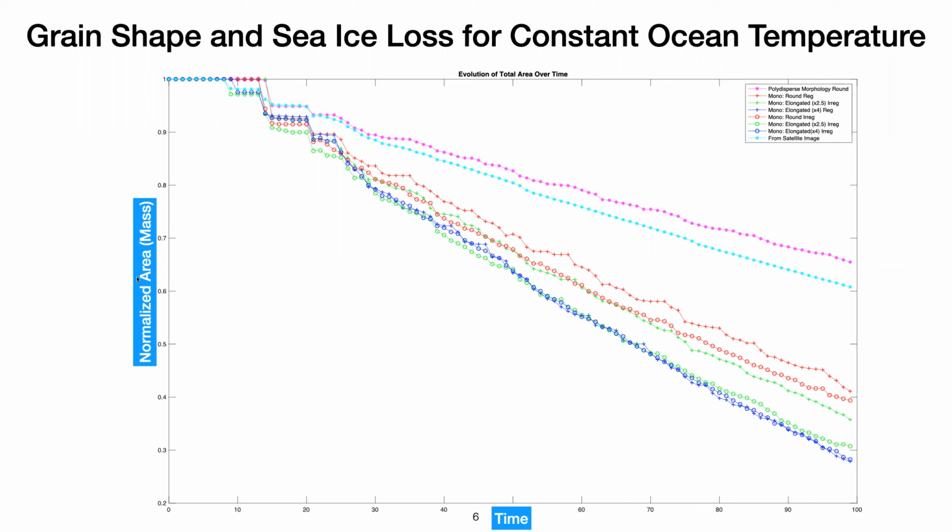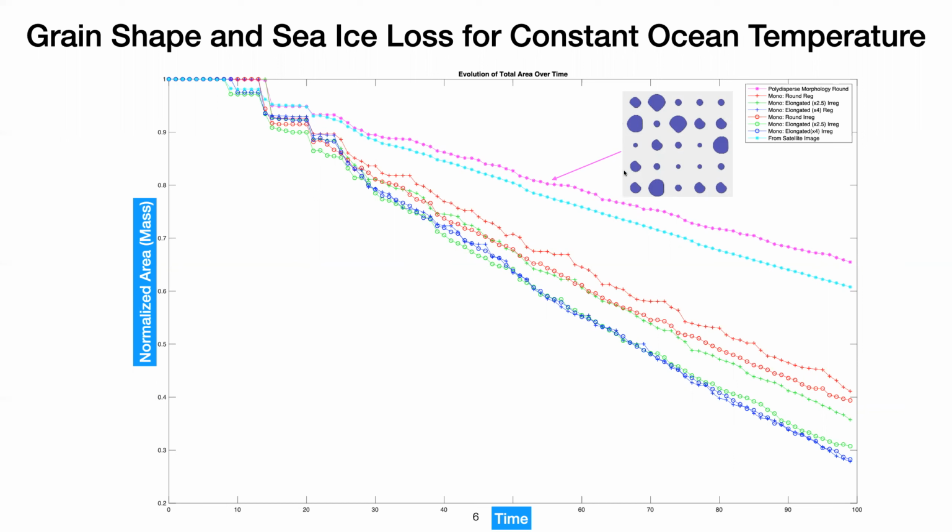We just assume a constant thickness, so here area will actually represent volume or mass if we multiply by the density. So what we decided to compare was this evolution of the current area divided by the initial area, and how the flow size distribution or granular distribution affected the velocity at which we lost ice mass.